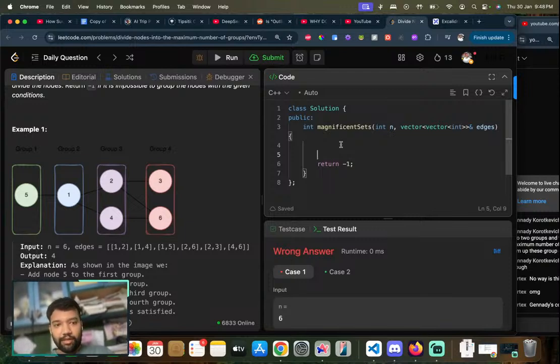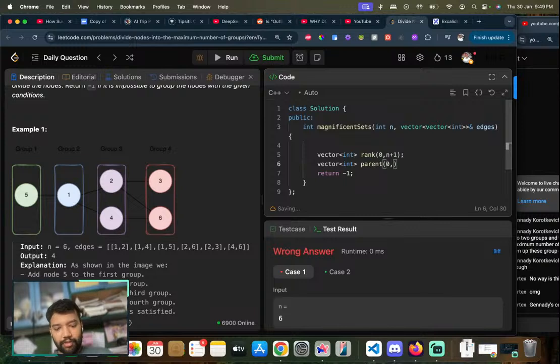So a vector for rank, all of them rank 0, with n+1 elements. Vector for parent of size n+1, initialized with 0.